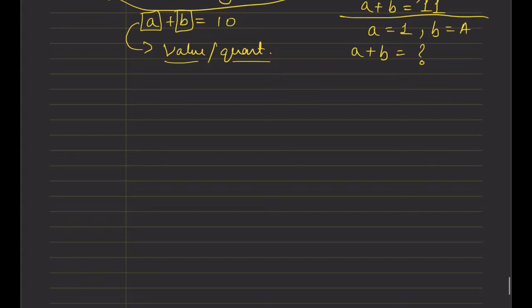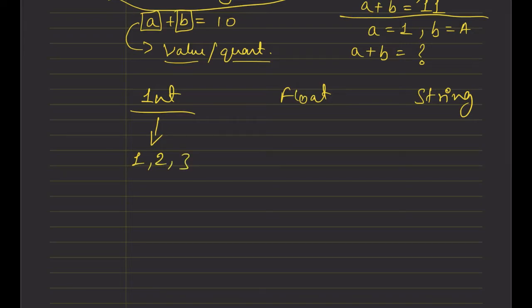There are three basic data types in Python. The first of them is int, the second one is float, and the third one is string. In the first data type, you can store whole numbers only, like 1, 2 and 3, but you cannot store fractional values like 1 by 2.